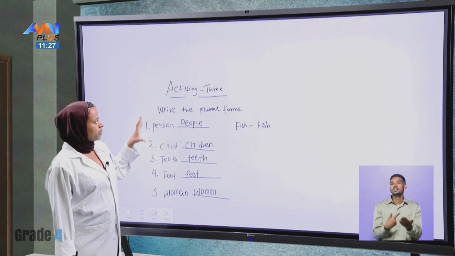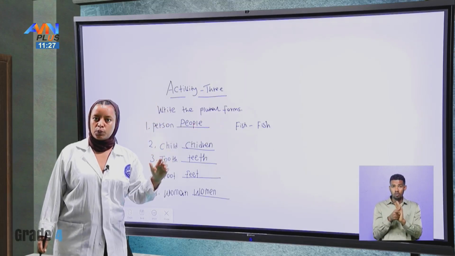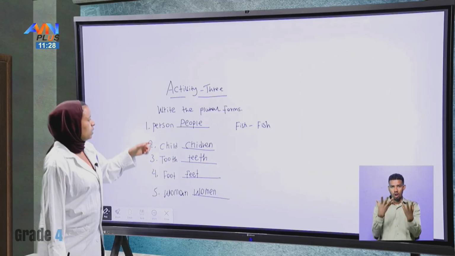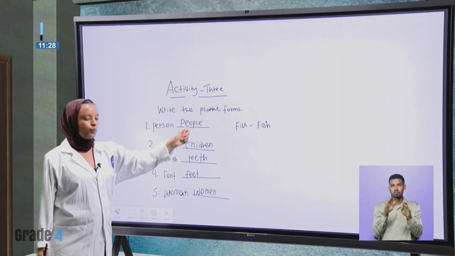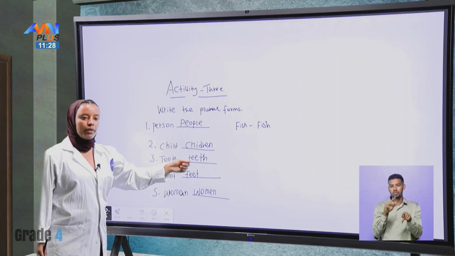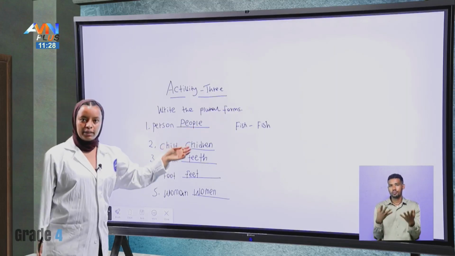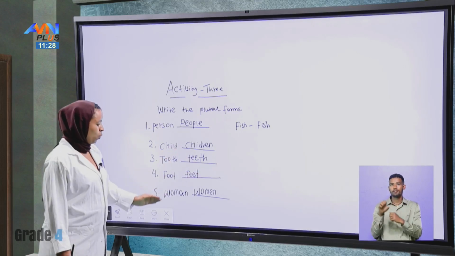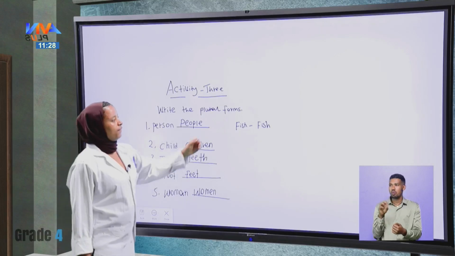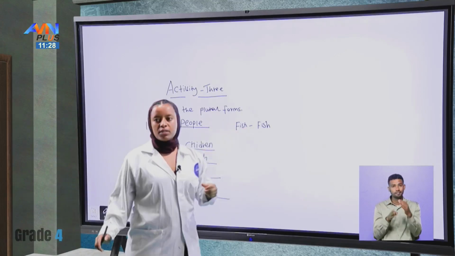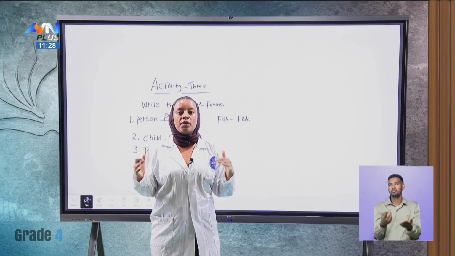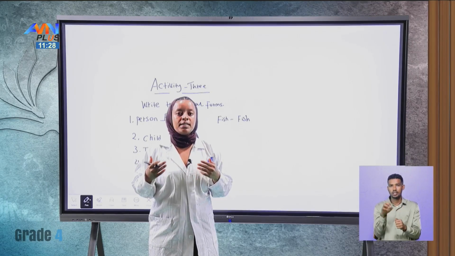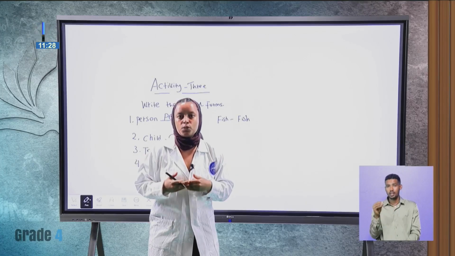These are all examples of irregular forms of nouns when we change from singular to plural. Person, people. Child, children. Tooth, teeth. Foot, feet. Woman, women. Fish, fish. Students, let me give you one more activity with words ending with Z, SH, CH, and S, and let us practice.